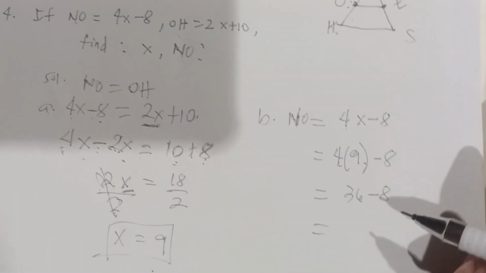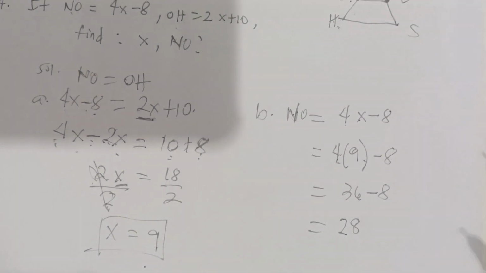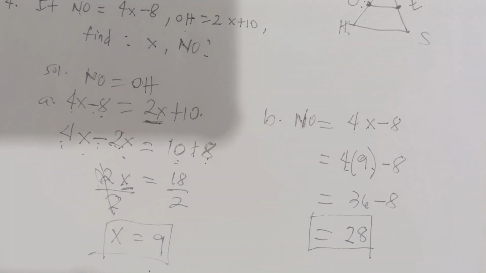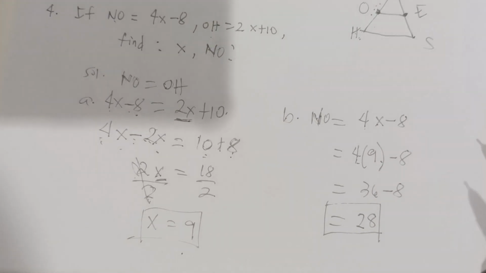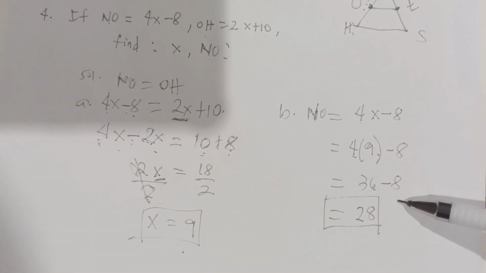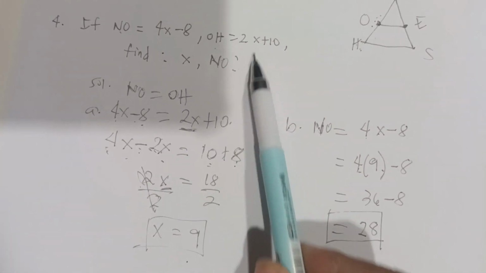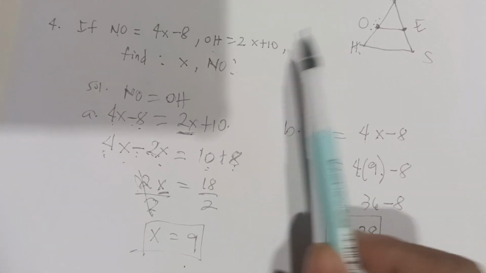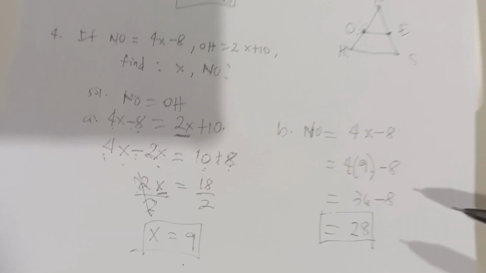That would be 28. Let us check if it is also 28 for OH, because they are equal, right? So 2 times the value of our x, which is 9. So 2 times 9 would be 18, plus 10 is 28. So they are just equal. Therefore, our answer is correct.